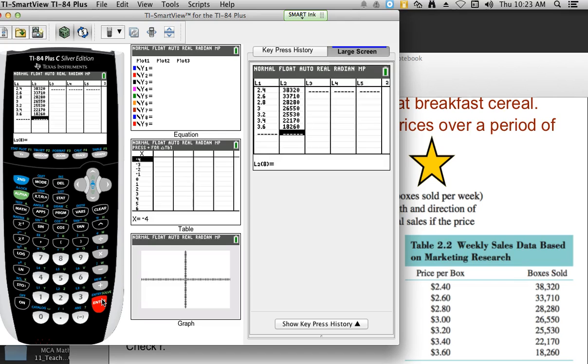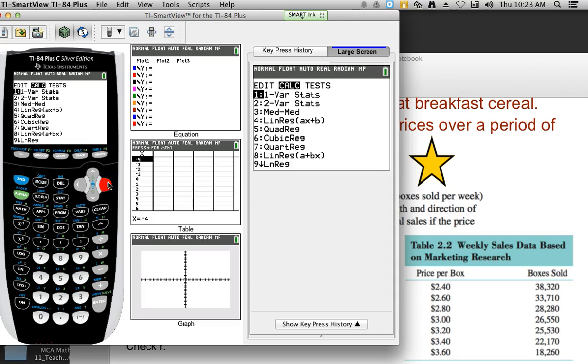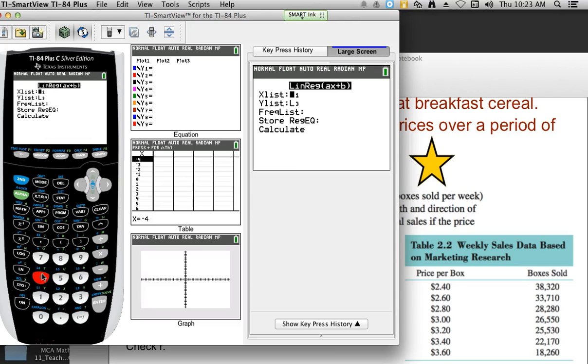So I want to do my linear regression. Stats, arrow to the right once for calculate, number 4. And now this is where everybody can see it on the screen. Some of you don't have this list. Who doesn't have this list of stuff on the screen?